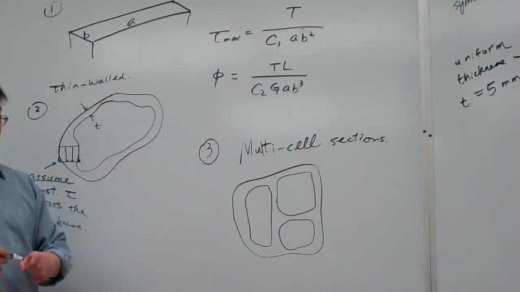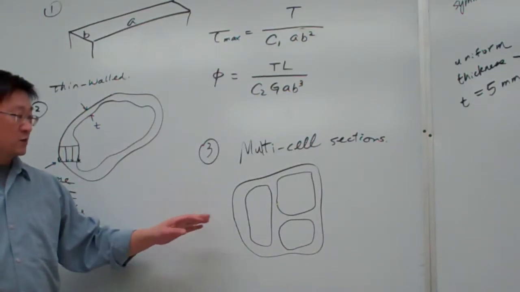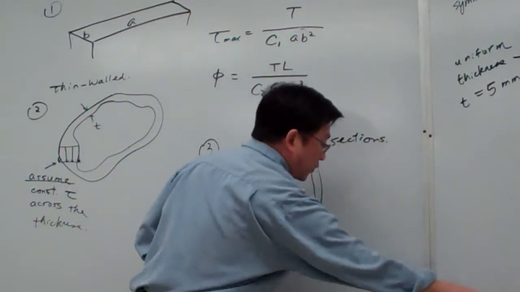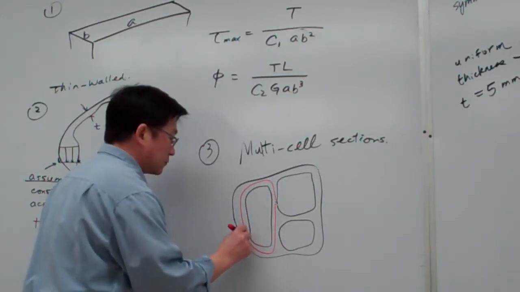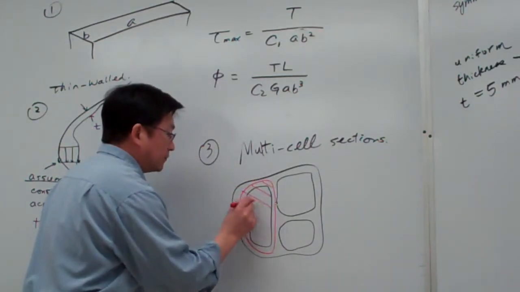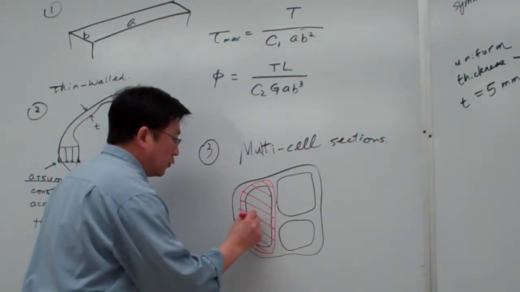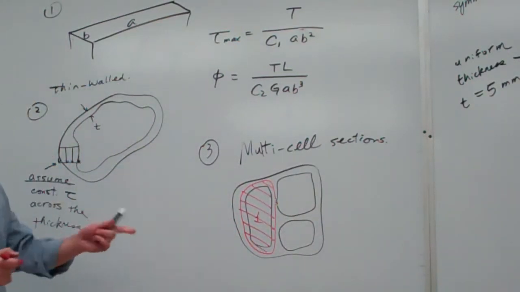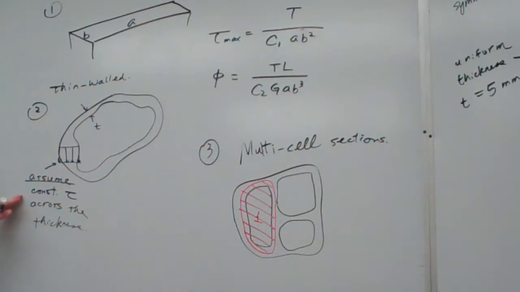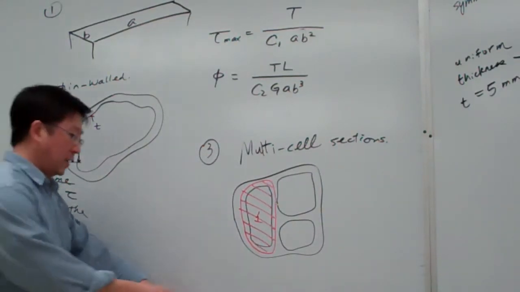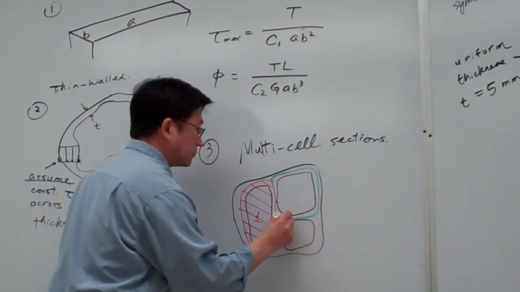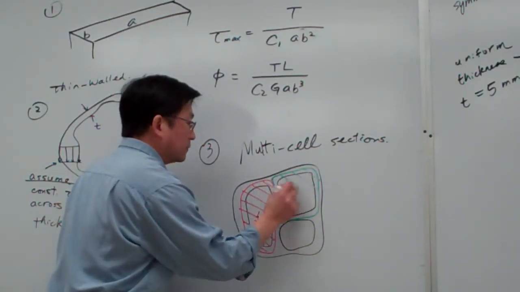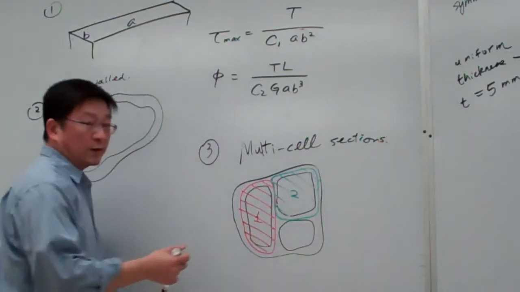The thinking process for the multiple cell is we decompose the problem into every single cell. For example, this one we call cell 1. For cell 1, we apply the fundamental properties, and then for cell 2 the same thing, etc.